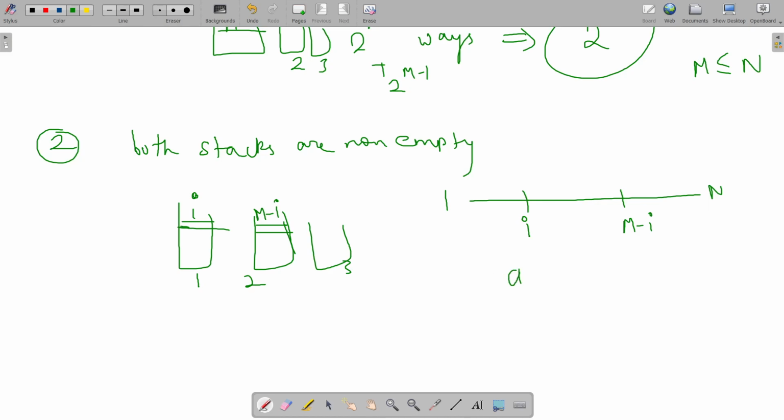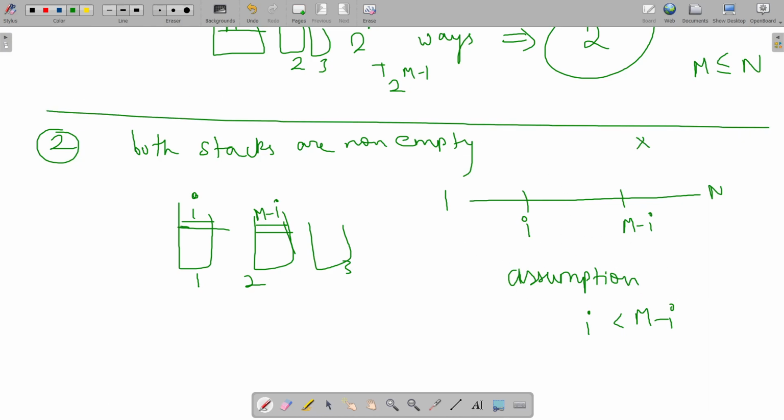To make things simpler, for now let I be less than m minus I. That means on the number line, I lies to the left and m minus I lies on the right. Finally, we will multiply whatever we get from this part by 2, so that we don't need this assumption. Okay. But for now, let's just go with this assumption that I is less than m minus I.